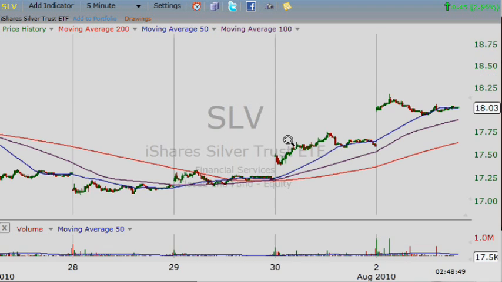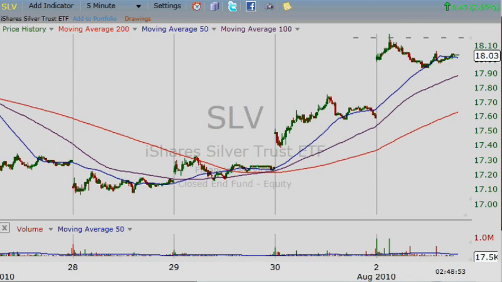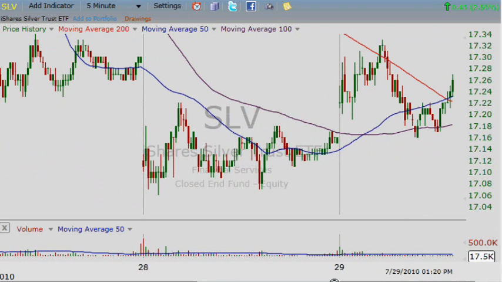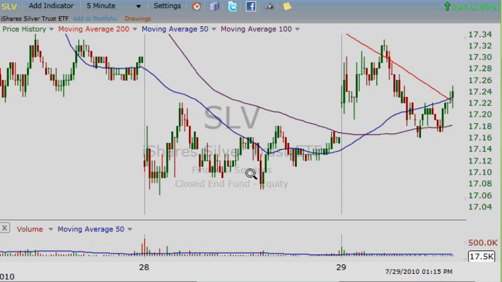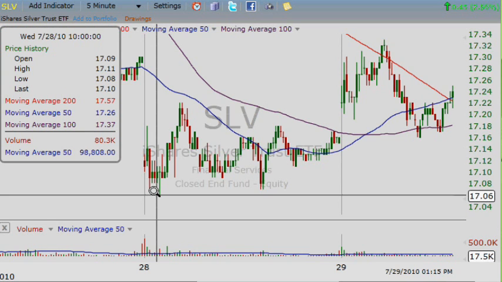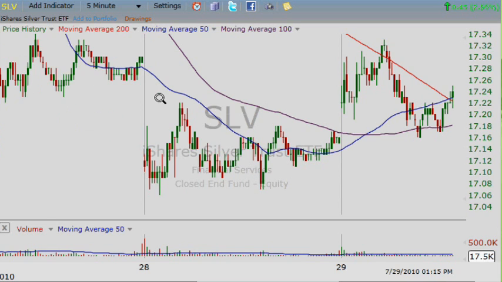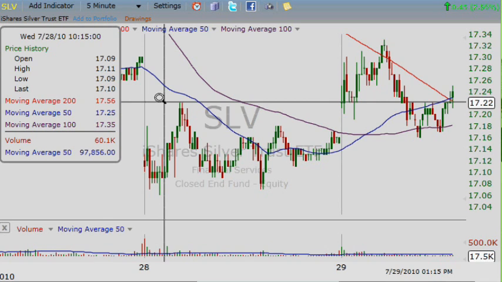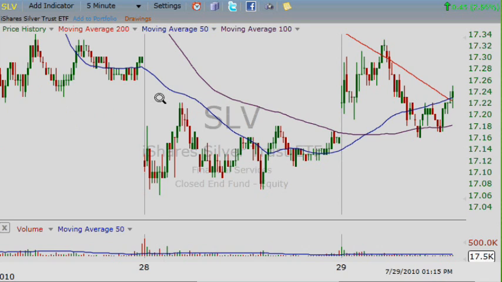And now what we're going to do is take a look at this on a 5-minute time frame. And the reason for this is because you can use Fibonacci on so many different time frames. And if we use it from last Wednesday, the 28th, and we connect the Fibonacci with the lows of 17.06 and its intraday highs of 17.22, the difference of those two numbers would work out to 16 cents.